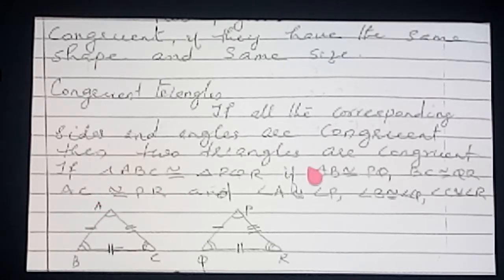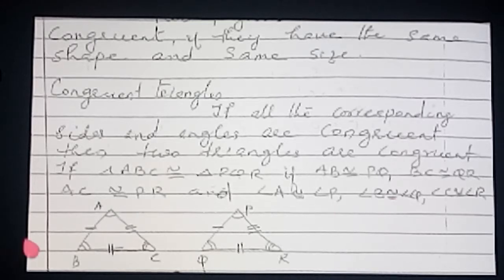Corresponding sides are congruent and corresponding angles are congruent. You have studied all these correspondences properly last year. So if two triangles are congruent, anywhere you get this condition, remember that all corresponding angles are congruent and all the corresponding sides are congruent.